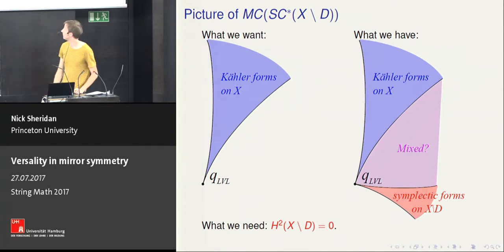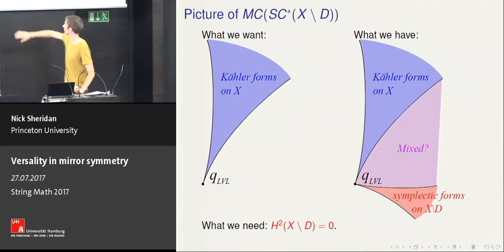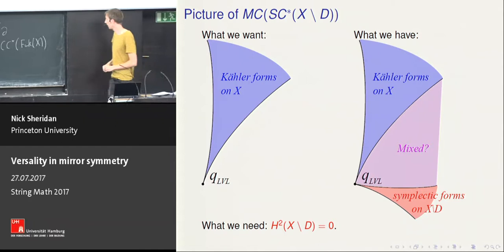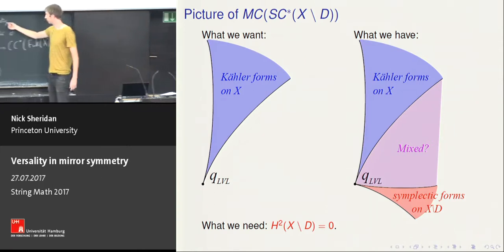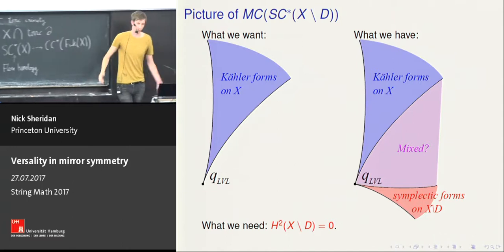What we really want is for this space of Kähler forms on X that we're interested in to be just all of the deformations and to have some versal deformation space. So what we really need is for H^2 of X minus D to vanish so that we just get rid of these red and purple bits of the diagram. Unfortunately, that's just not going to happen. As soon as X is dimension 2 or bigger, in these examples, it's just not true.